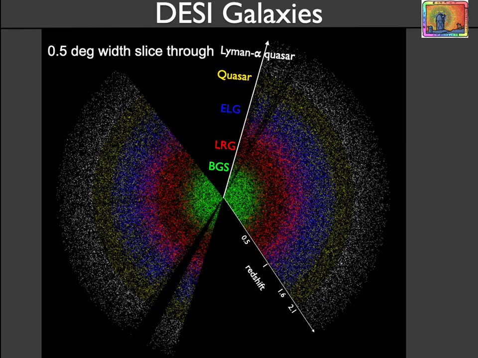And so the premier example of a galaxy redshift survey right now is DESI. I do most of my work for DESI, so any excuse to show off this plot. So this is just a very narrow slice through the DESI data right now.